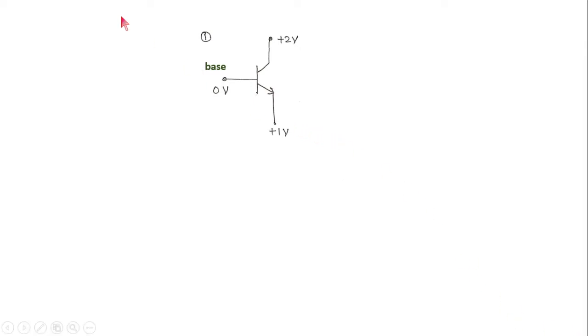First question, we know this vertical line, the terminal connected to this is known as base, okay, and where this arrow sign is represented, that is emitter, and the opposite one is the collector where no arrow is connected. So this arrow represents the emitter terminal, so the counterpart will become collector.